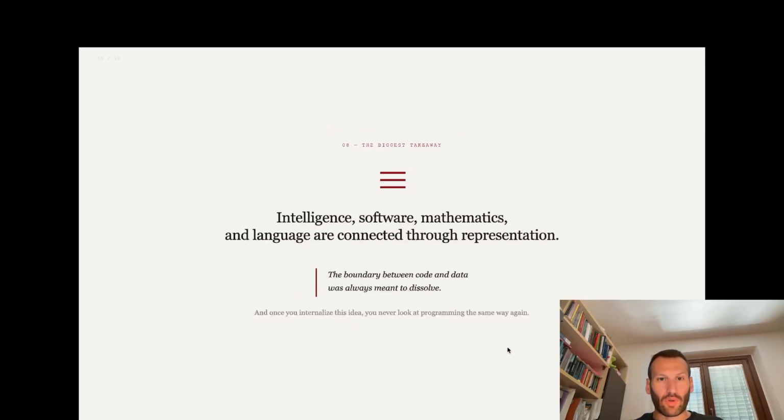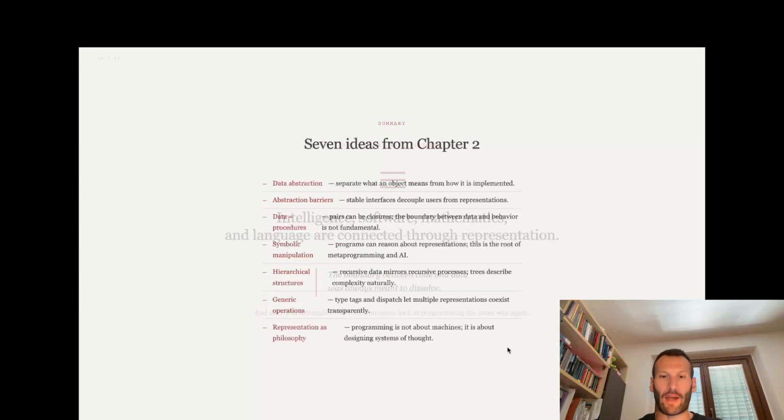And to conclude, the biggest takeaway is that intelligence, software engineering, programming, computer science, language are all connected through representation. And the boundary between code and data was always meant to dissolve. And as I told you before, once you internalize this idea, you never look at programming the same way again.